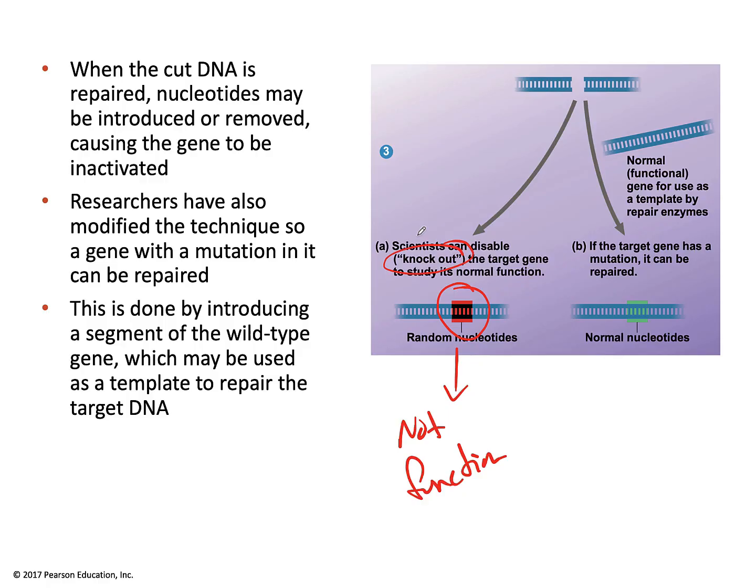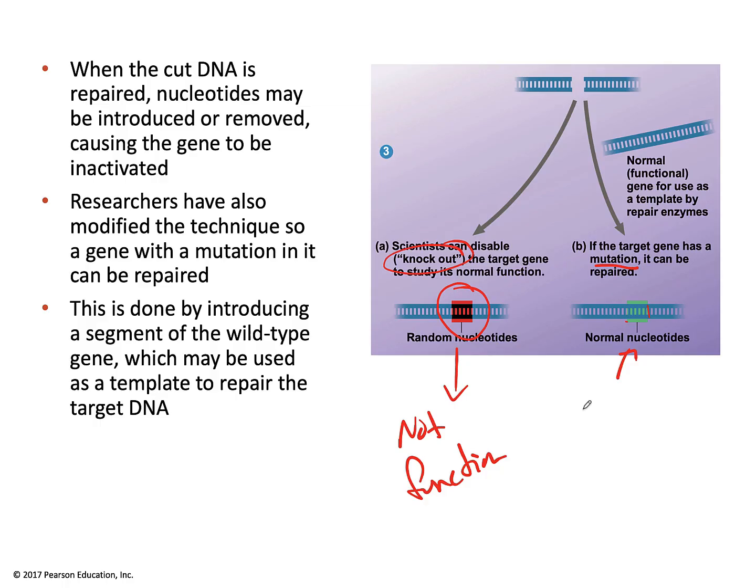The really cool thing about CRISPR-Cas9 is if the target gene was actually a mutation, so maybe instead of doing a knockout study, what we were trying to do was repair a cell, we can actually go in and take out the mutated section and put in normal wild type nucleotides.